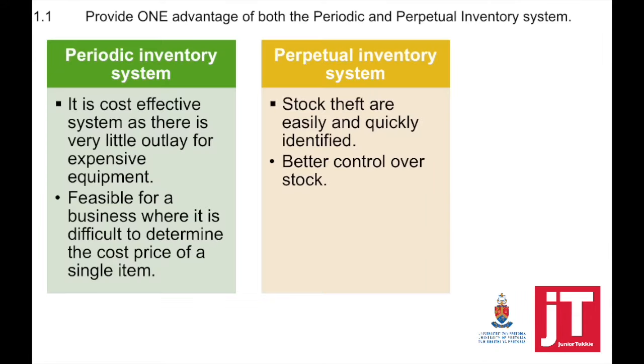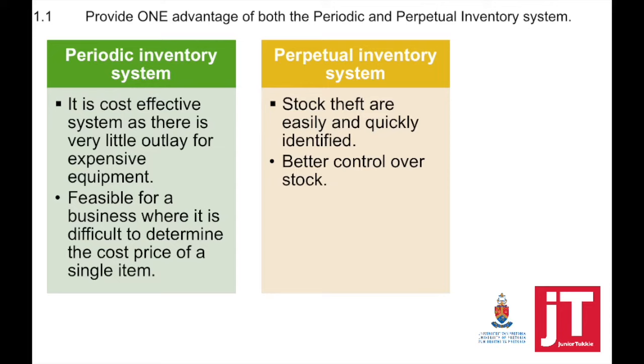So if we look at the periodic inventory system, it is cost effective. There is very little outlay for expensive equipment. It's feasible for a business where it's difficult to determine the cost of a single item. But if we look at a perpetual or continuous inventory system, stock theft is easily and quickly identified.